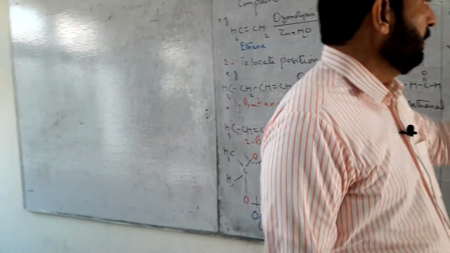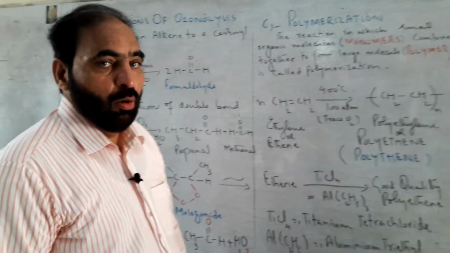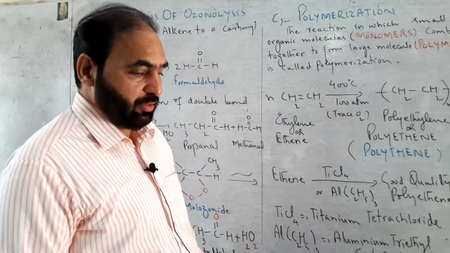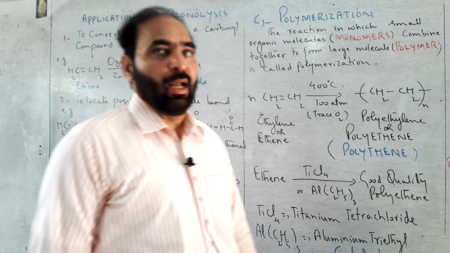Third property of alkenes is polymerization. First of all, let's define what is meant by polymerization.